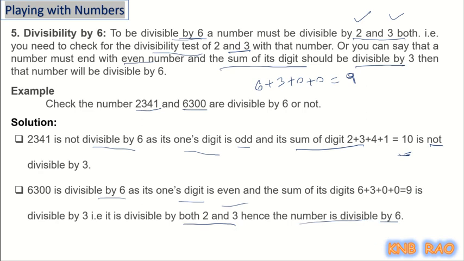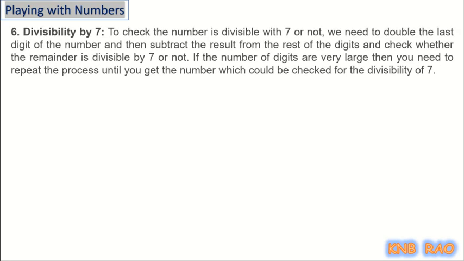Okay. Now coming to the divisibility test of 7. Normally the divisibility test of 7 is a bit difficult, okay, no problem, but still we will go for learning it. To check whether a number is divisible by 7 or not, what should we do?